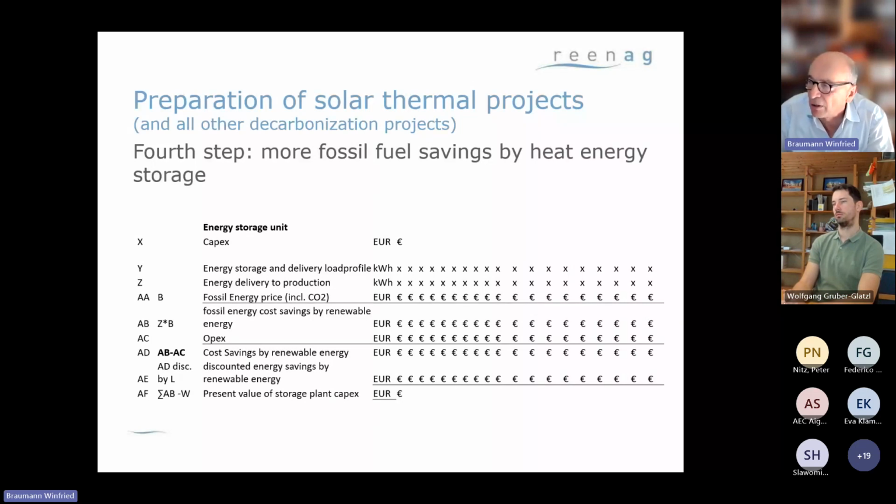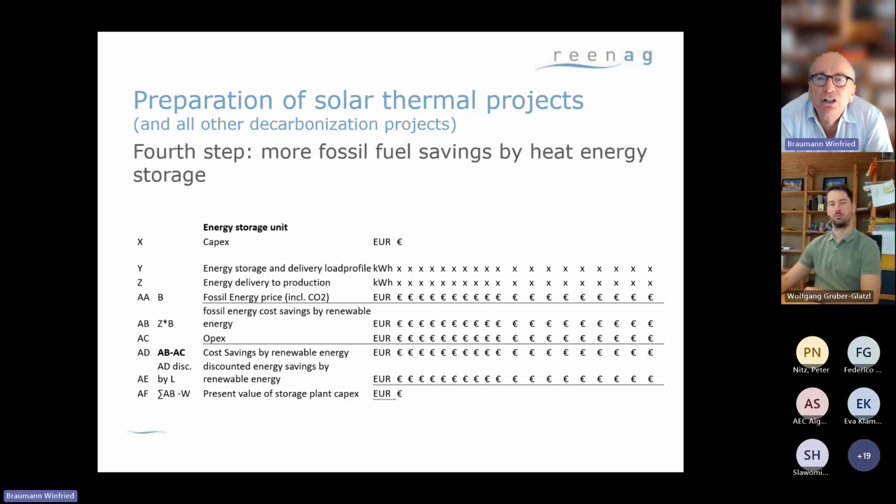Could be other parts of the plant which are not part of the production unit, or could be also third companies which are close and where the surplus energy could be used. I will deal here primarily with increasing capacity utilization through storage solutions, and show the calculation here.